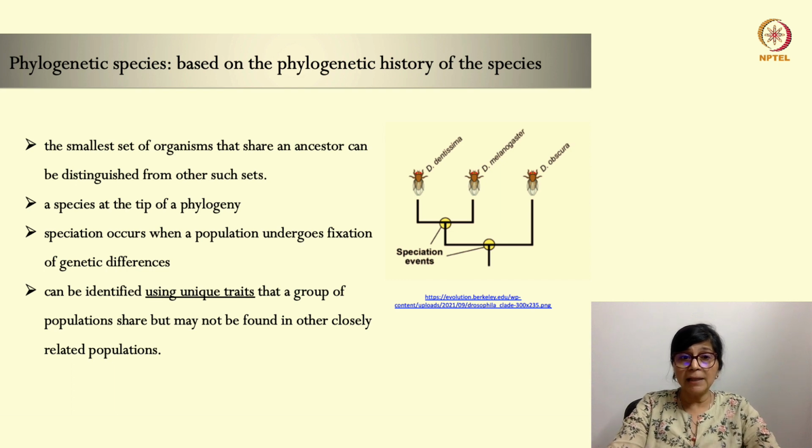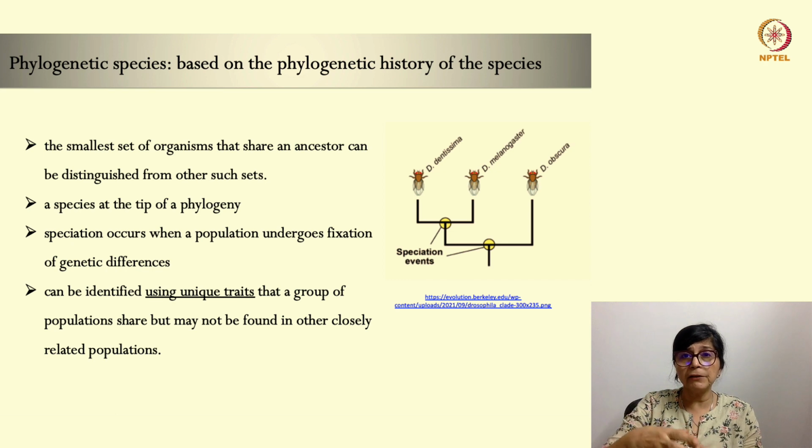For a species at the tip of the phylogeny, speciation occurs when a population undergoes fixation of genetic differences. What does fixation mean? Fixation is when a trait actually gets fixed.